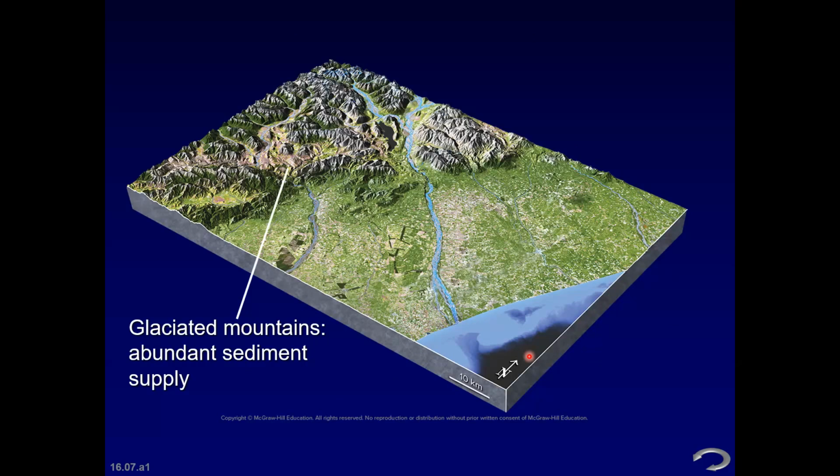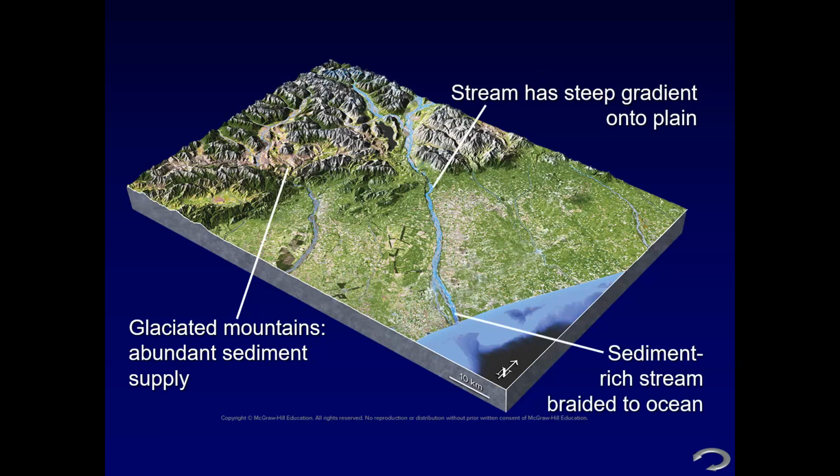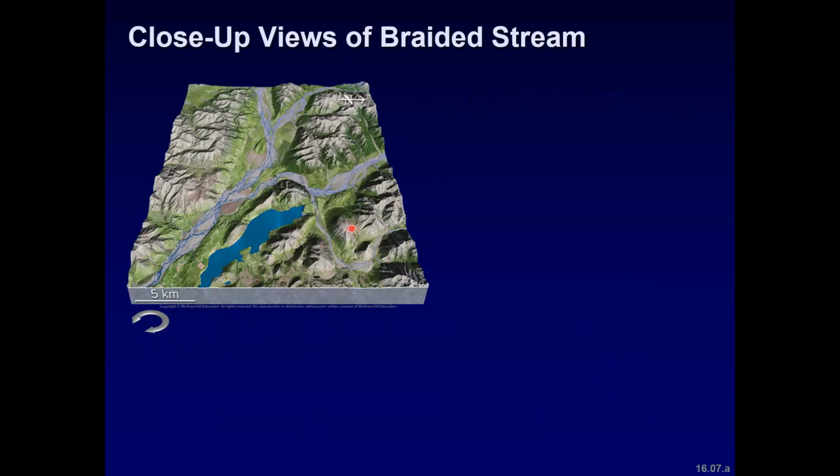Okay, so this stream drains a steep mountain range with glaciers and an abundant sediment supply. The stream exits mountains with a steep gradient and flows into a sloping plain. And then the sediment-rich stream is braided all the way to the ocean, where it discharges ultimately. And we'll look closer at that.